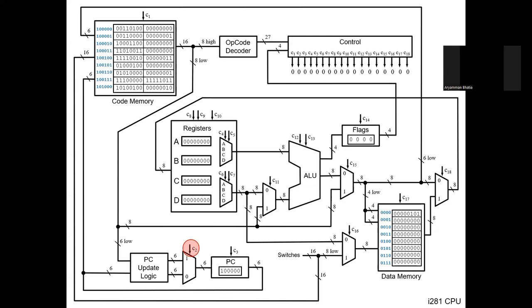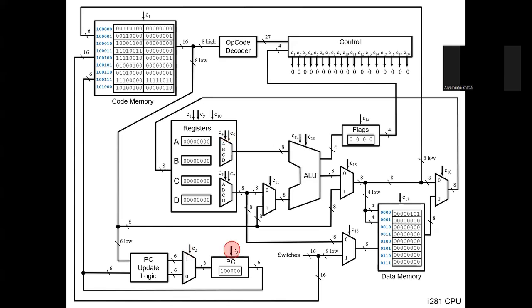And which specific instruction you want to jump to comes from this 6 low. So in the case you want to jump to some instruction, you use the 6 low bits and some logic if need be to jump to that instruction, or you use the 6 bits coming from the code memory itself. Like you use those bits and add 1 to them.